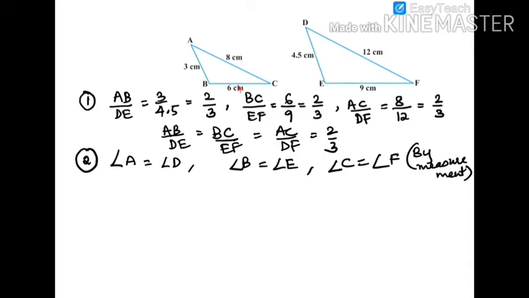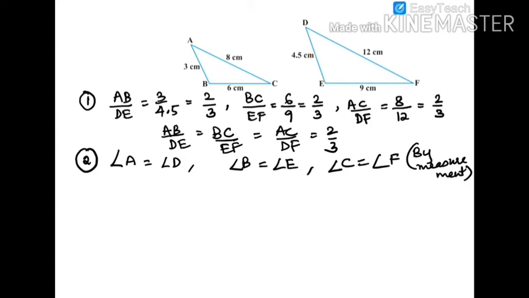So if we multiply 6 centimeters with 3 on 2, we get 9. Likewise, if we multiply 8 with 3 on 2, we get 12 centimeters. Similarly, on multiplying 3 centimeters by 3 on 2, we get 4.5 centimeters.